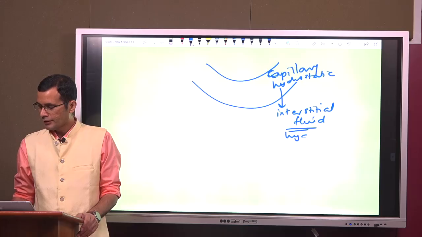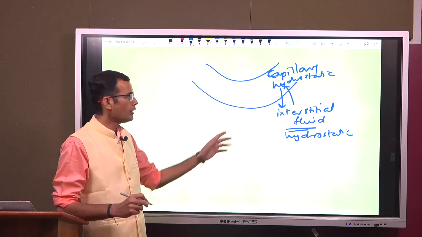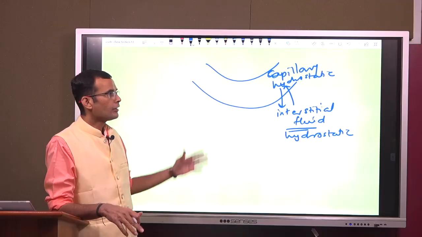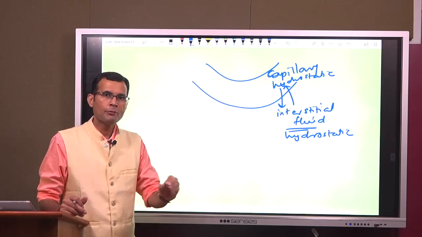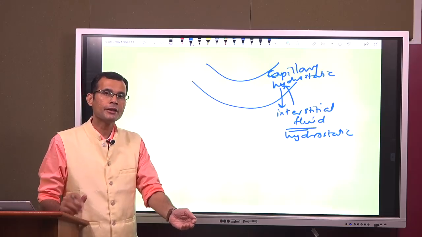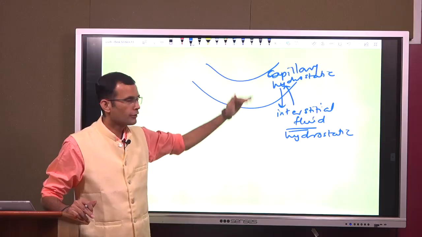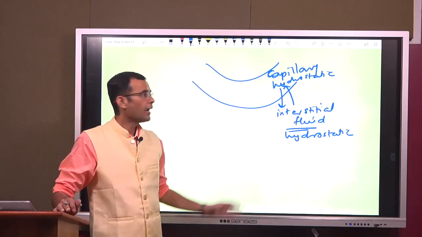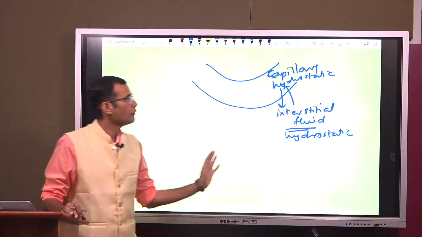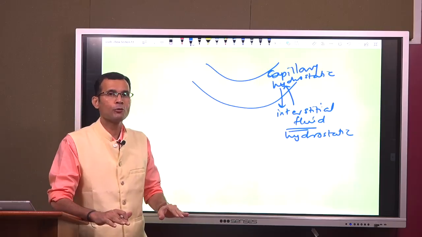So, it will exert interstitial fluid hydrostatic pressure which will force the fluid back into the capillaries. Remember, hydrostatic pressure is a force that pushes the fluid out of that compartment into the neighboring compartment. So, capillary hydrostatic pressure will force the fluid out, it will cause the filtration out of the capillaries, and interstitial fluid hydrostatic pressure will force the fluid back into the capillaries. So, it is an opposing force for filtration.